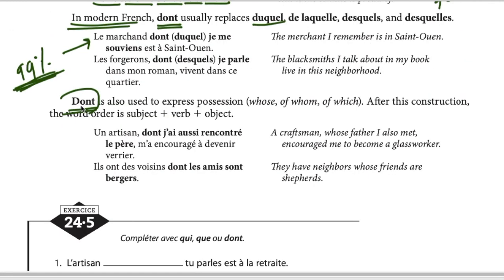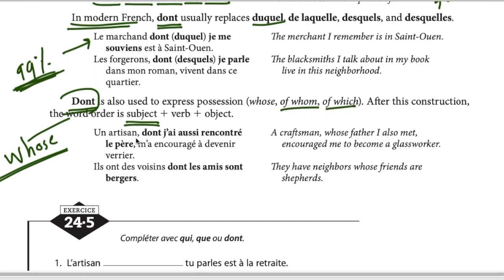The second usage of dont is to express possession. Here it mostly acts as a subject. Whose, or of whom, or of which.